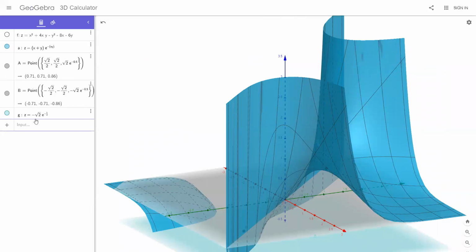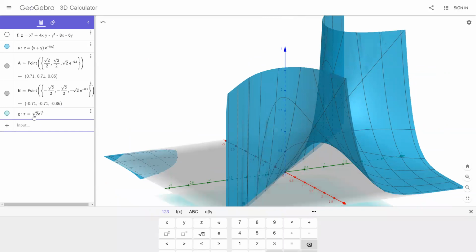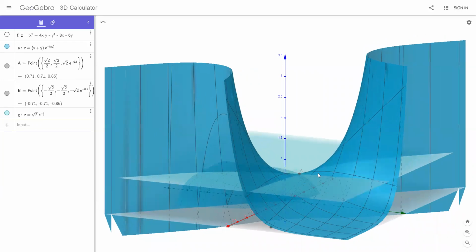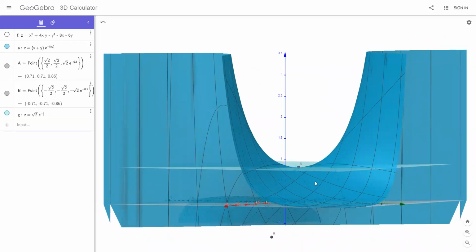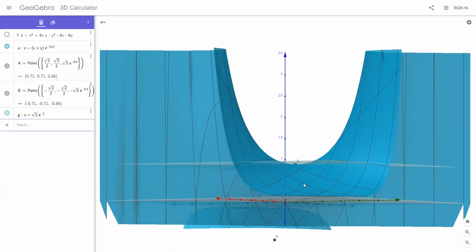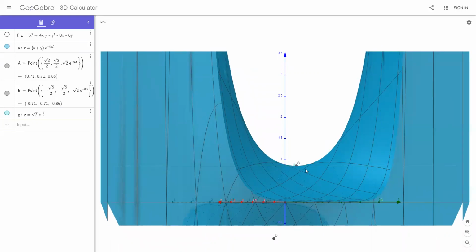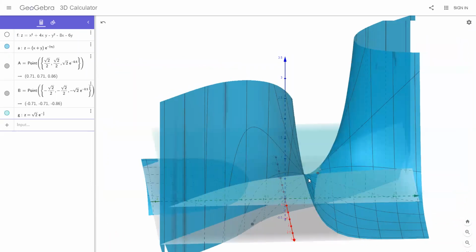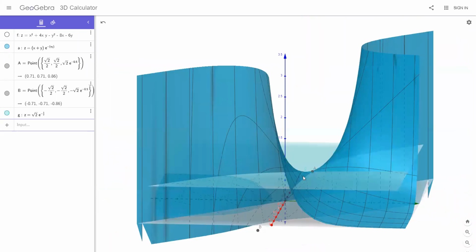Okay, that's for the point. So positive right here. There you go. There is the plane going through the point A, right? And as you can see, that plane is a horizontal plane. It's a tangent plane to this level surface at the point A, and that's why the point A is a critical number.